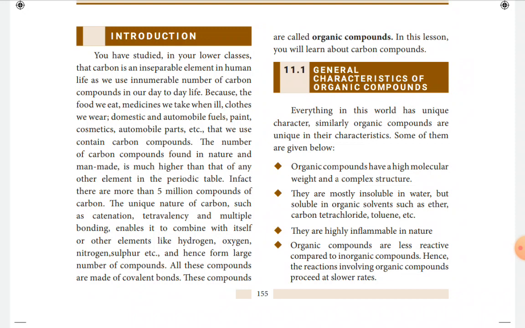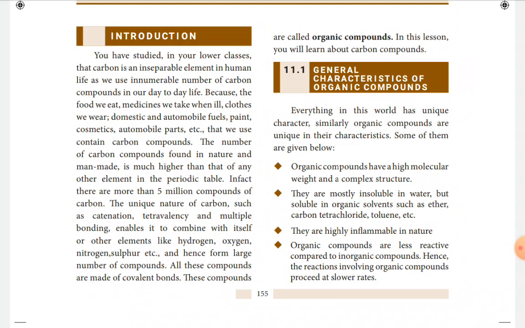You also learned the classification of carbon compounds. This was done by Berzelius in the 19th century. There are organic compounds and inorganic compounds, two types of carbon compounds already studied in 9th standard.